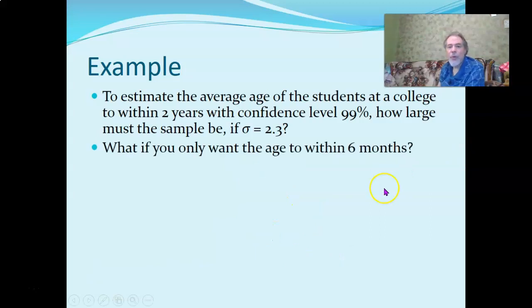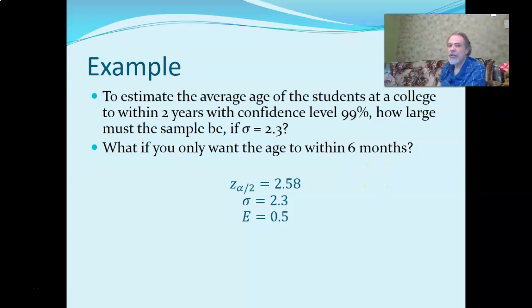Okay, what if you only want the age to within 6 months? You want to know to within 6 months, not to within 2 years, but you want to narrow it down more, to within 6 months, half a year. So Z is still 2.58, sigma is still 2.3, and E is, if you said 6, the formula would think you meant 6 years.